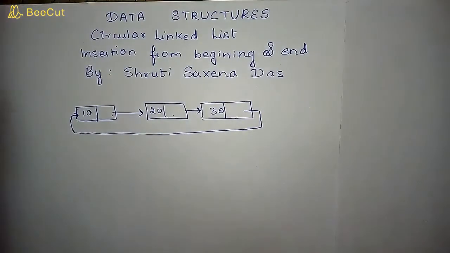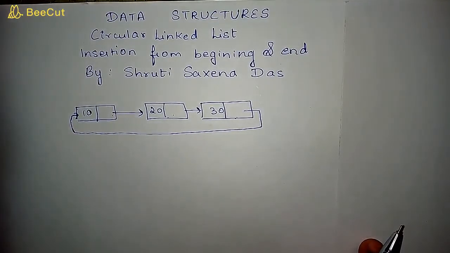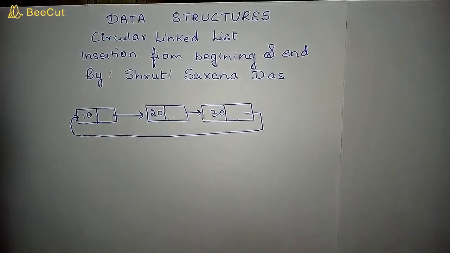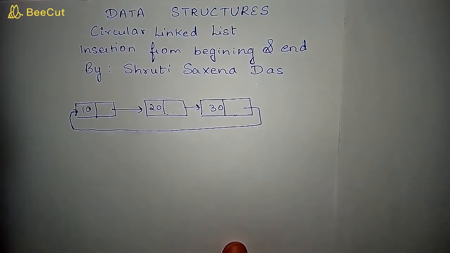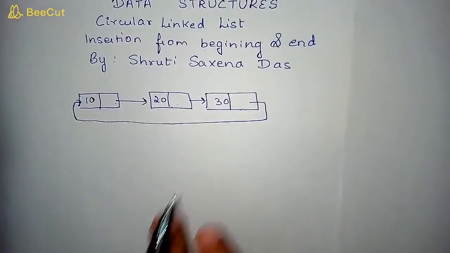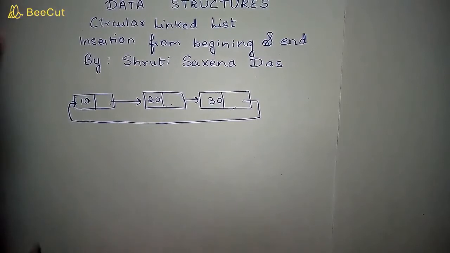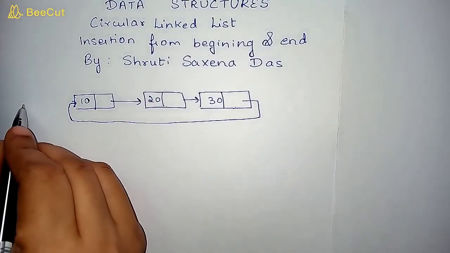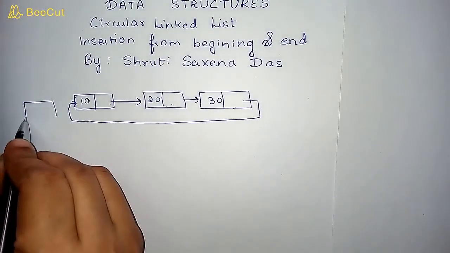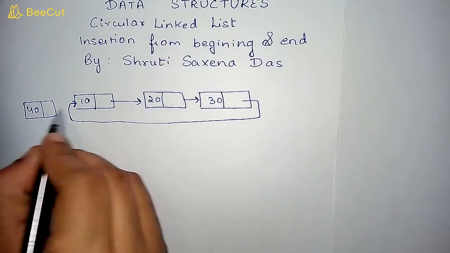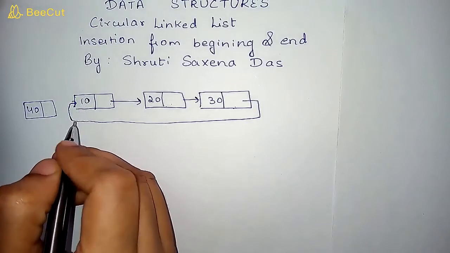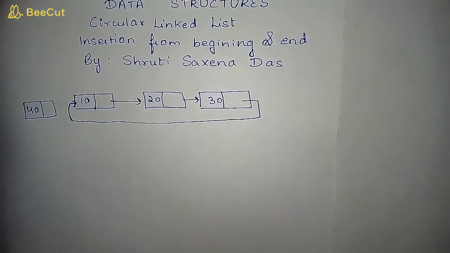So the insertion goes on like this. Now if we want to insert a particular node at the beginning of this linked list, suppose there is a node with data value 40 and I have to insert it at the beginning, then how will I do this?